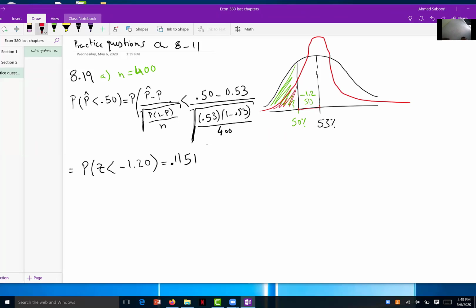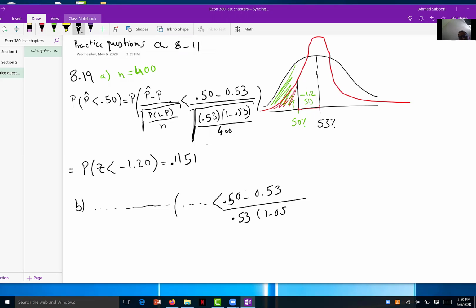You would have to plug in the same values, just for part B, everything the same. It would be the probability that p hat is smaller than, again, 0.50 minus 0.53 divided by the square root of 0.53 multiplied with 1 minus 0.53 divided by 1,000 instead of 400, right? Everything else remains the same.